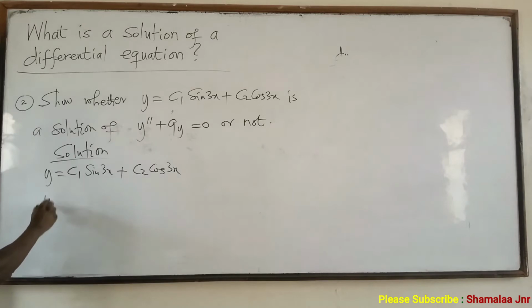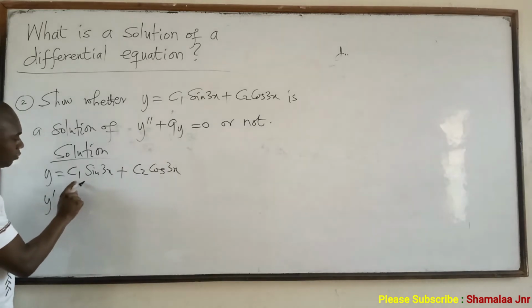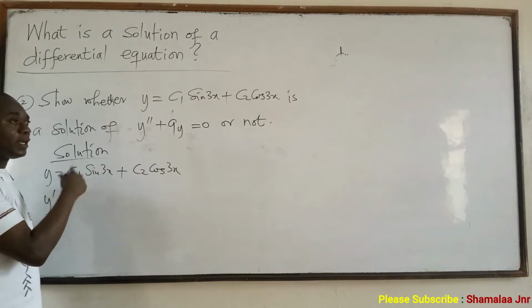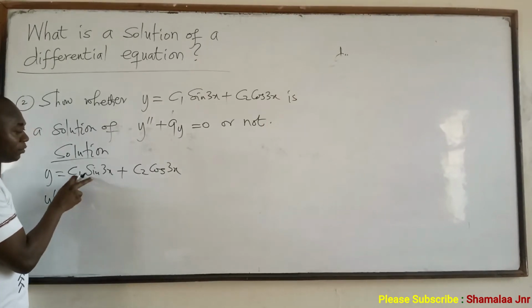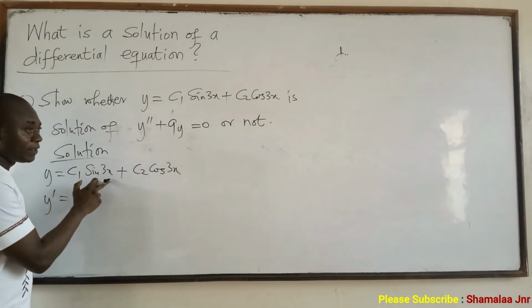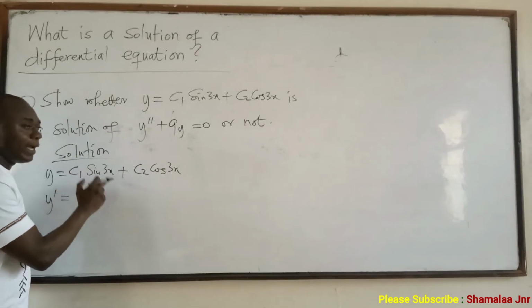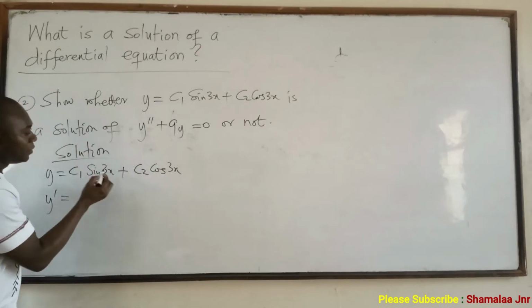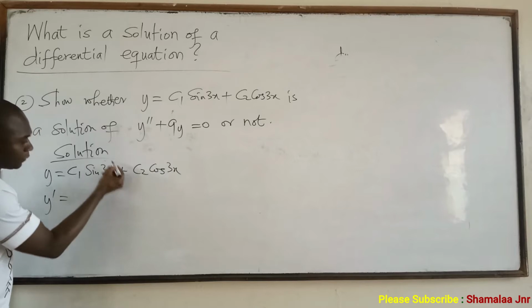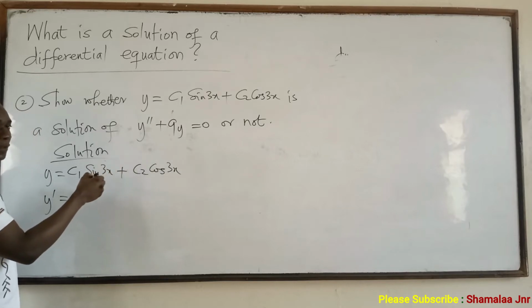Yes, so let's differentiate the first time. So if you differentiate it, now look on the board. When you differentiate sine x, you get cos x. So if you differentiate sine 3x, you're going to get cos 3x times the derivative of 3x with respect to x.